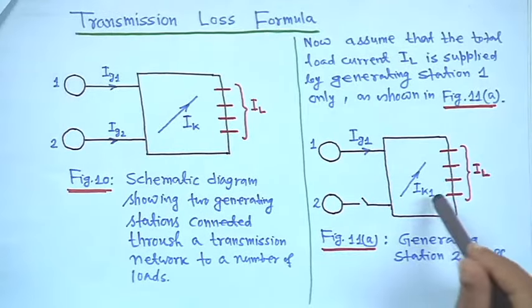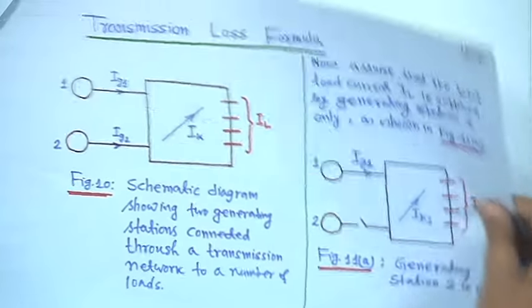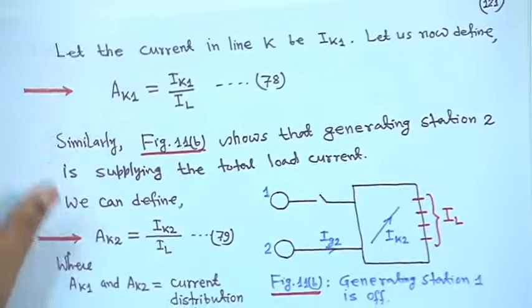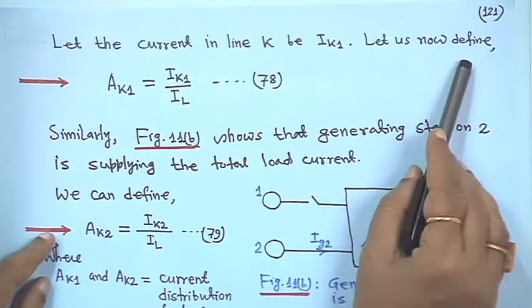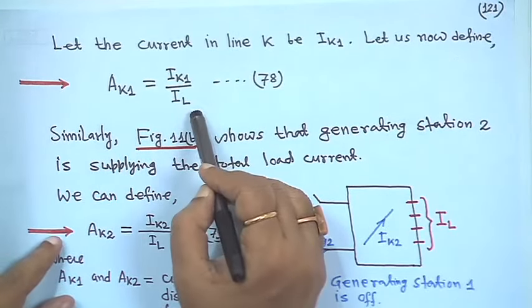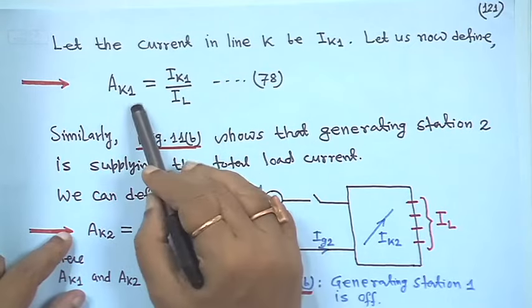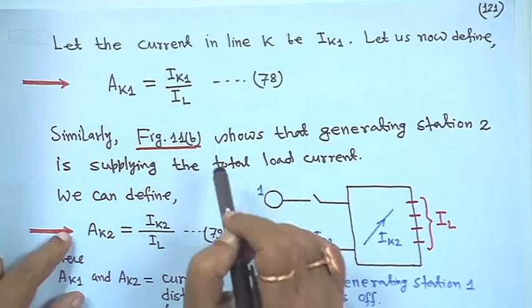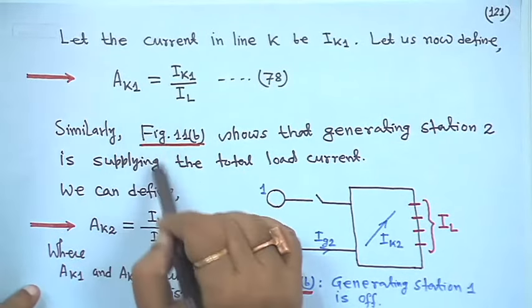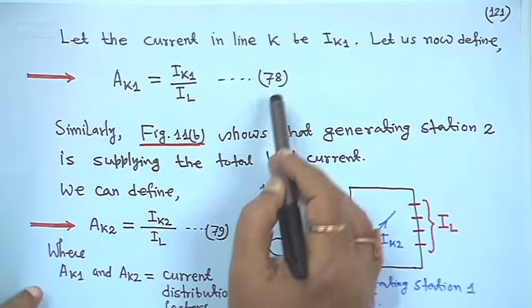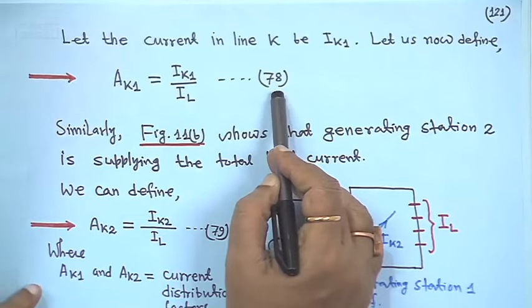The current through this is IK1. Let the current in the line be IK1, and let us now define AK1 is equal to IK1 upon IL. Later we will see that AK1 is actually a real quantity, and I will apply a simple superposition. This is equation 78.